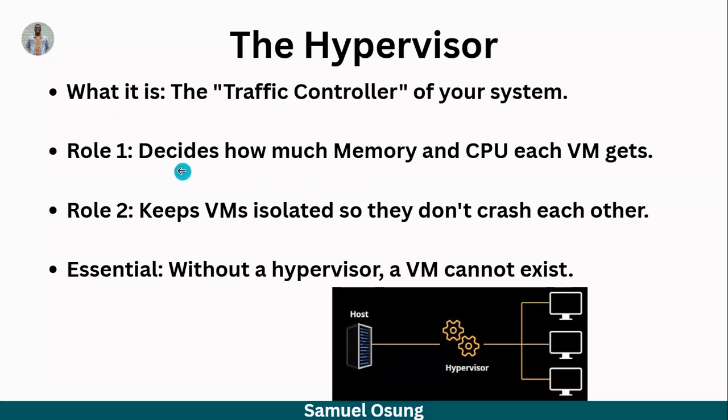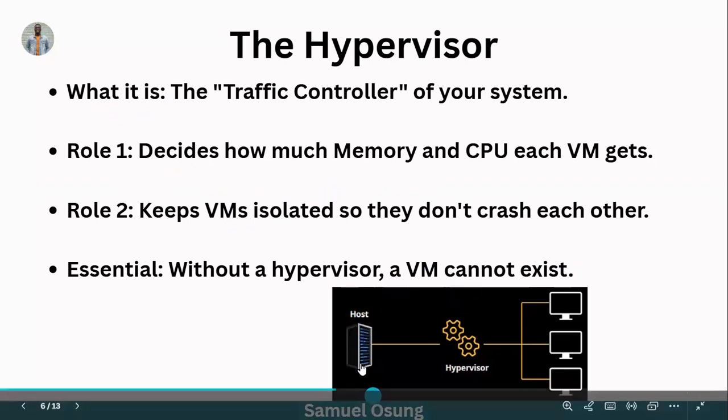The hypervisor decides how much memory and CPU each virtual machine gets. The hypervisor keeps virtual machines isolated so they don't crash each other. So without a hypervisor, a virtual machine cannot exist.